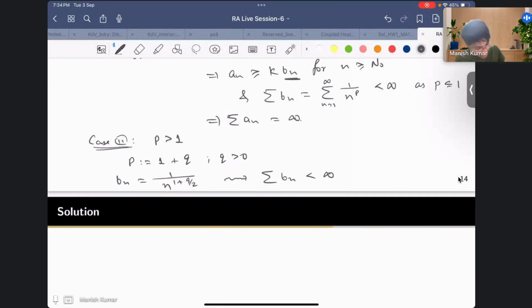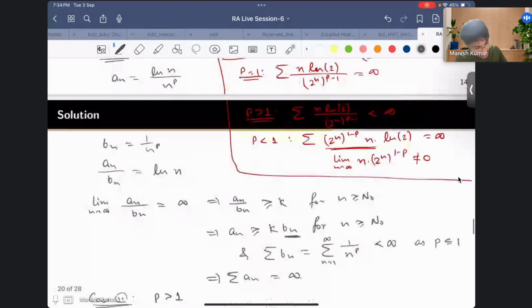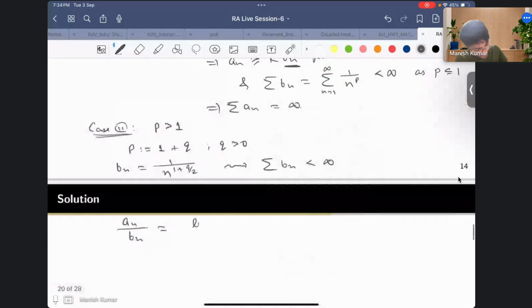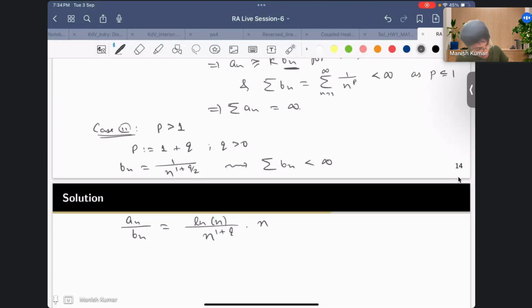So an upon bn, if I do, I'll get ln n upon n raised to the power p. But what is p? p is 1 plus q, and then bn is n raised to 1 plus q by 2. Now you can see why I have chosen q by 2. You can even choose q by 4.